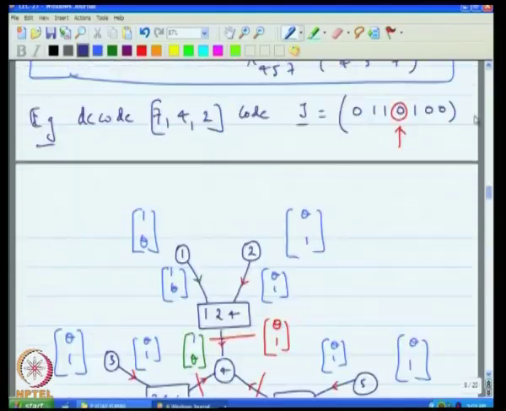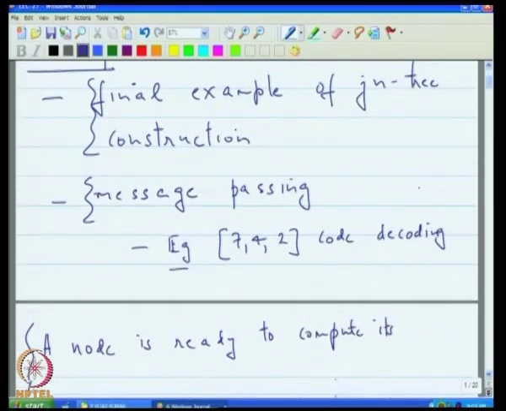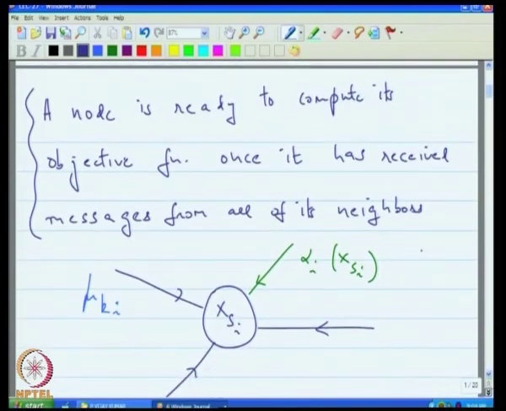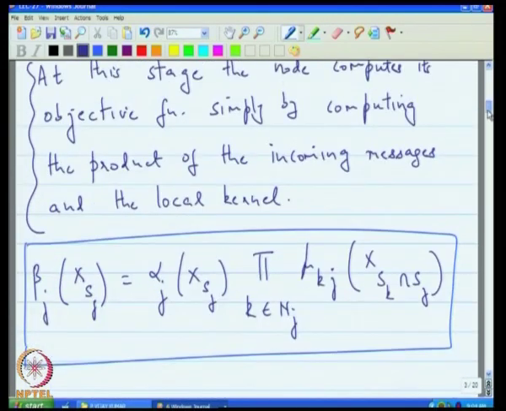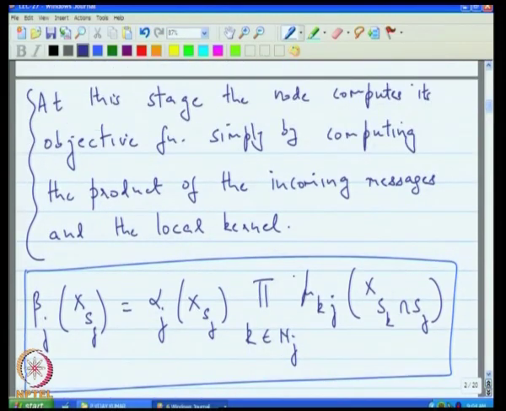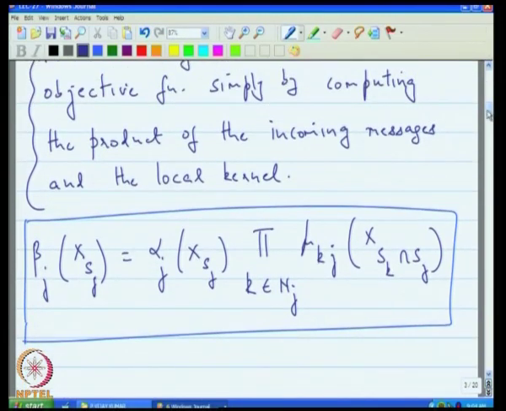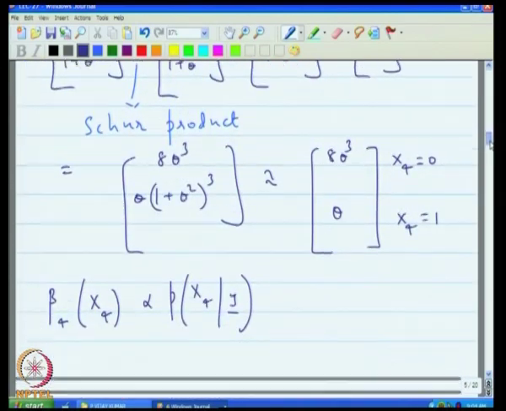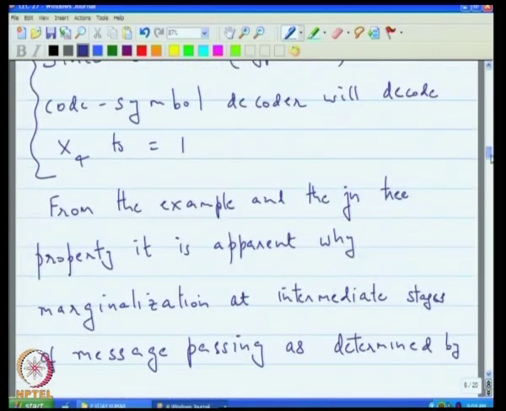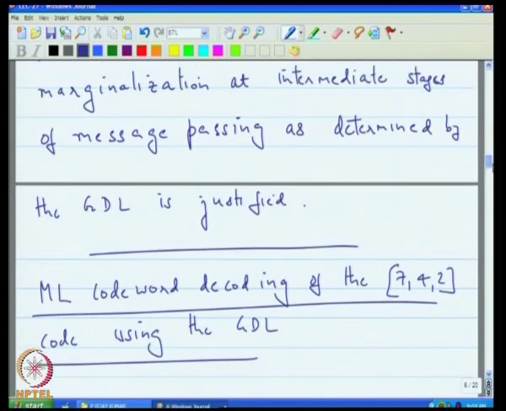in the next lecture. So, just to recap, what we did today was I started out with the GDL approach to decoding, where you want to do maximum likelihood code word decoding. To begin with, I just made a couple of notes. I explained how a node under the GDL computes its objective function, and we completed our discussion of maximum likelihood code symbol decoding.